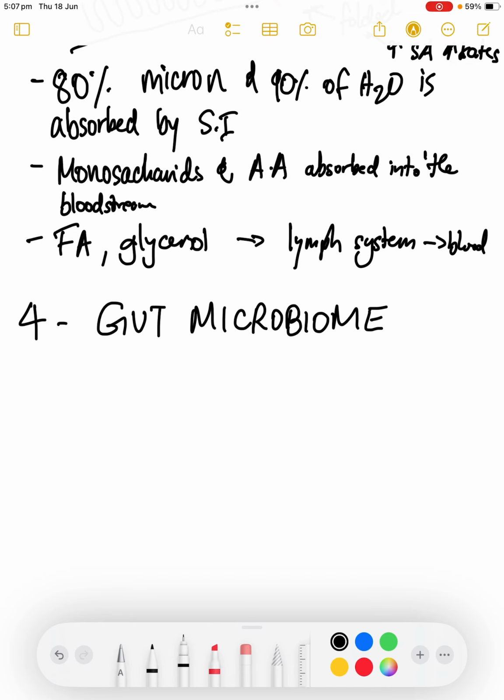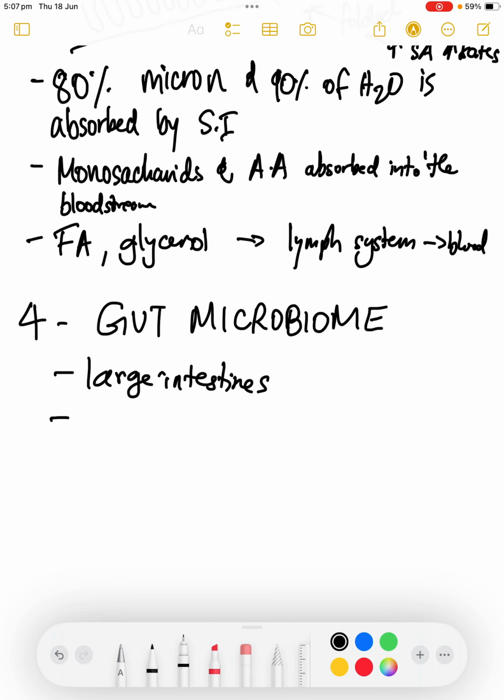So gut microbiome, what it is, it's a community of, I would say, hundreds of trillions of microbes. This means bacteria, viruses, fungus, protozoa, things like that living on the body, mostly in the large intestines. Okay, so it's in the large intestines.